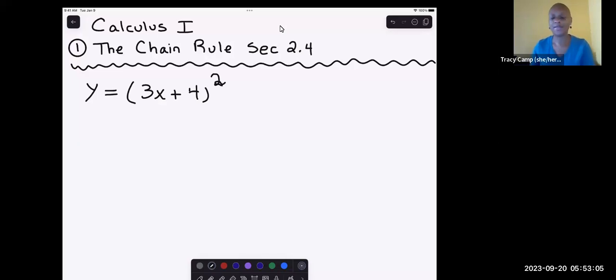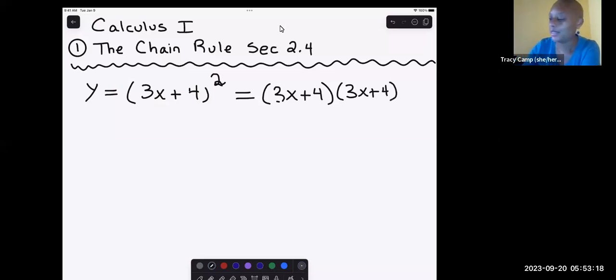Looking at this function, I recognize that the square means I'm multiplying 3x plus 4 times 3x plus 4, right? And so let's say I wanted to find the derivative of this function. I could find the derivative by using the product rule because I have a product there, 3x plus 4 and 3x plus 4.